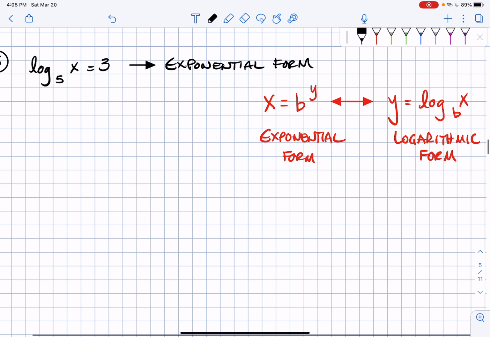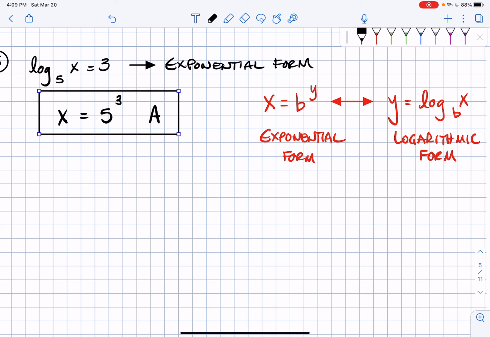So in this case, since the base of 5 is right now with the x, and not the 3, when I switch this over, it is going to be x is equal to, now the base 5 is going to be involved with the 3, okay? And that is going to be choice A.